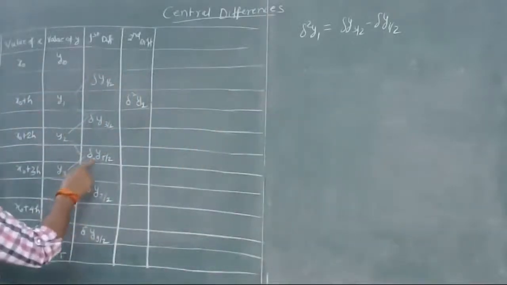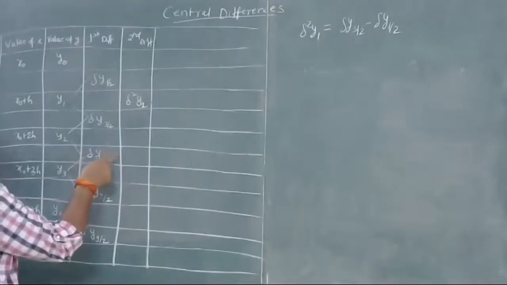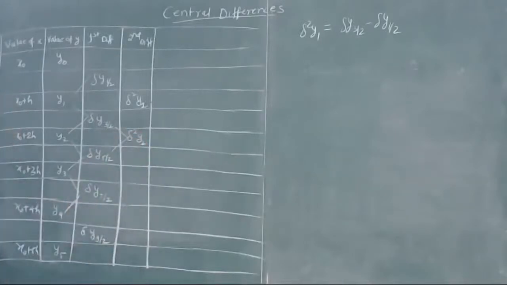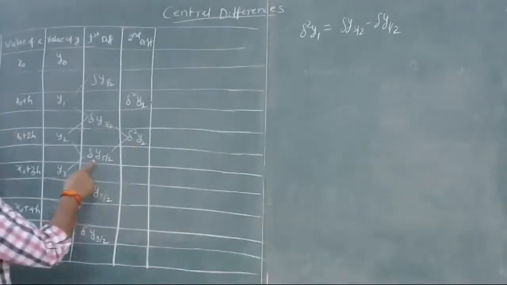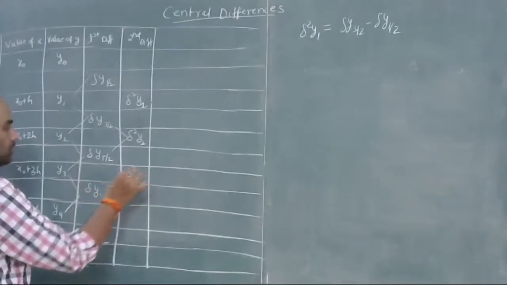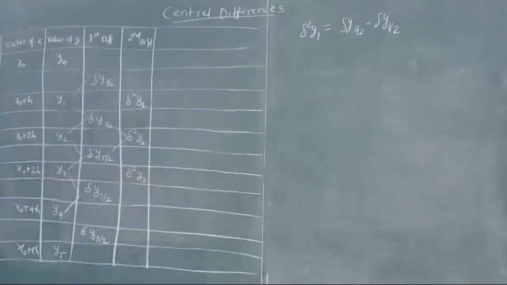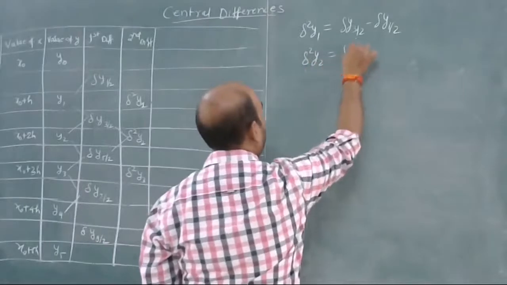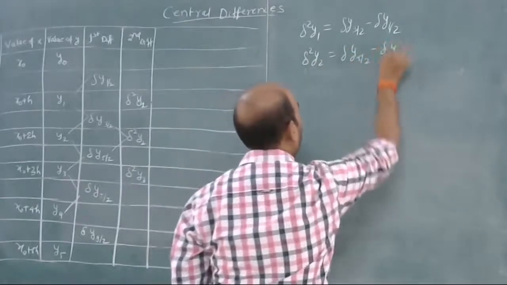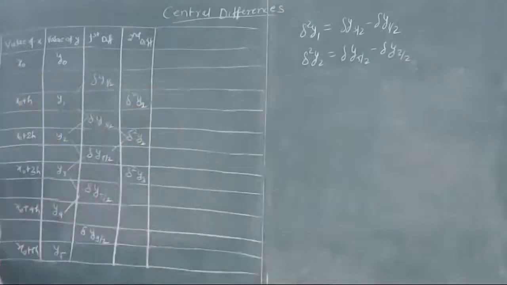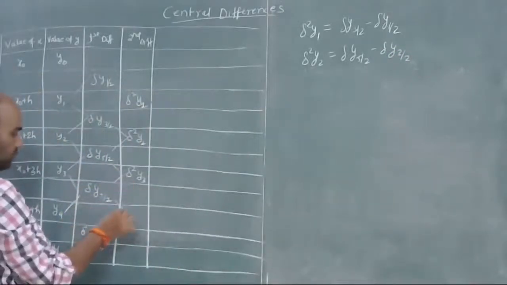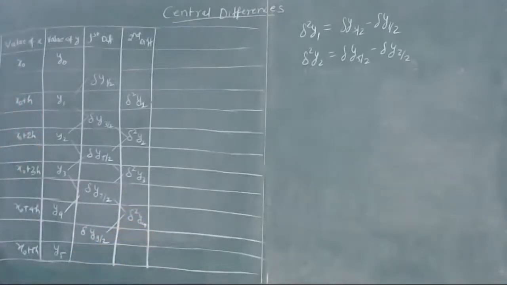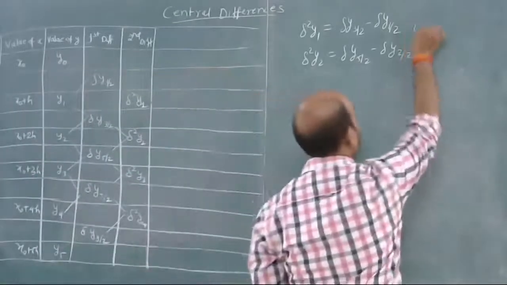Then del y5 by 2 minus del y3 by 2 gives del square y2. Del y7 by 2 minus del y5 by 2 gives del square y3, and subtracting the last two gives del square y4. So this is your second central difference.